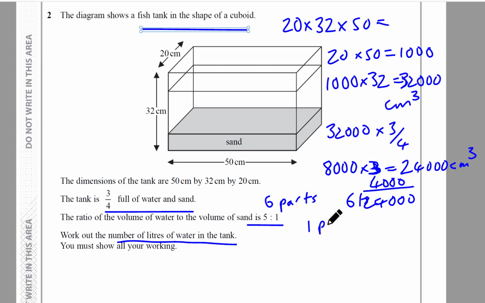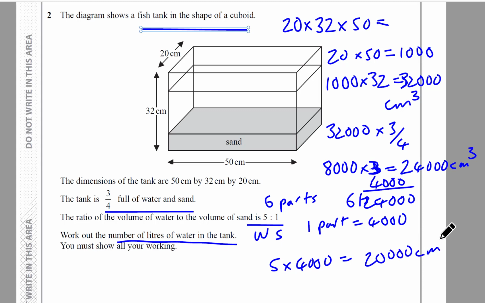So 1 part equals 4,000. That 5 represents the water and the 1 represents the sand. So 5 times 4,000 will equal 20,000 centimeters cubed.